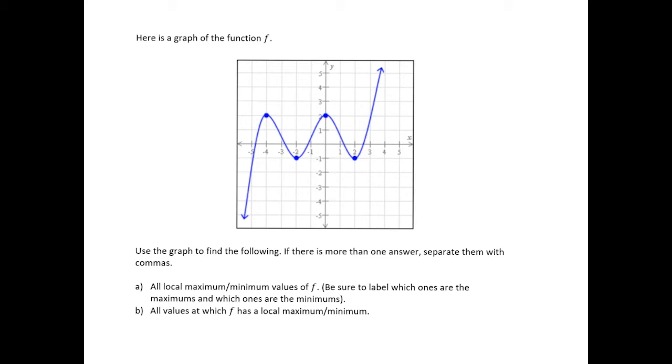When you are asked to find what are the maximum and minimum values, the answer to that question is a number on the y-axis. It's a y value. When you're asked at what values does the local minimum or maximum occur, well, that is along the x-axis.